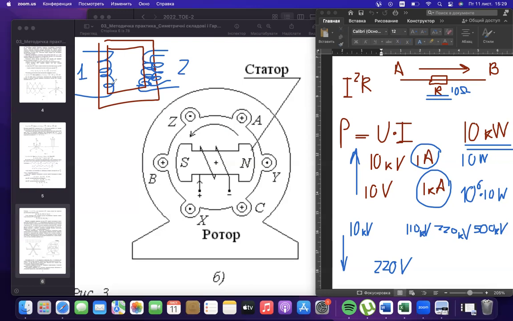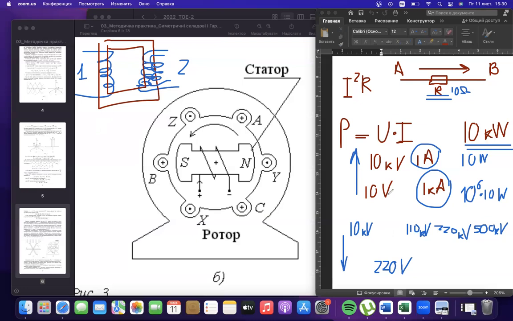That is the second reason why sinusoidal current is so widely used in our ordinary life: it is simple to generate from rotation and simple to transfer from one point to another with high voltage, high efficiency, and small losses, and after that it can also be quite simply decreased to safer values for our ordinary life. 220 is not so safe, but it is much safer than the kilovolts region.